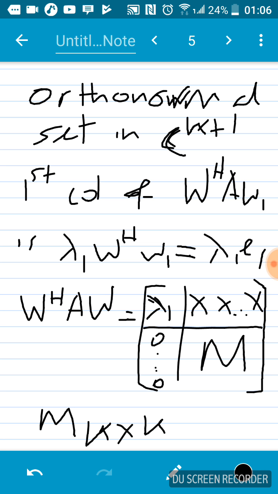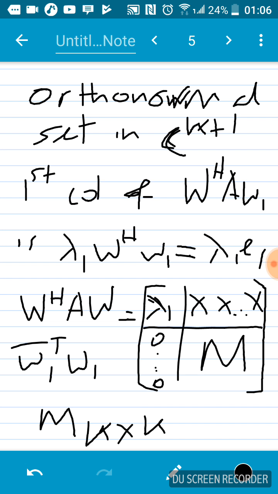The first column of the orthonormal matrix W multiplied by A w1 is lambda 1 e1, since W^H times w1 will be the conjugate transpose, so it will be w1^H w1, which is equal to 1, but the other column vectors of W will be equal to 0, since they are not the vector itself, because of the orthonormal property.